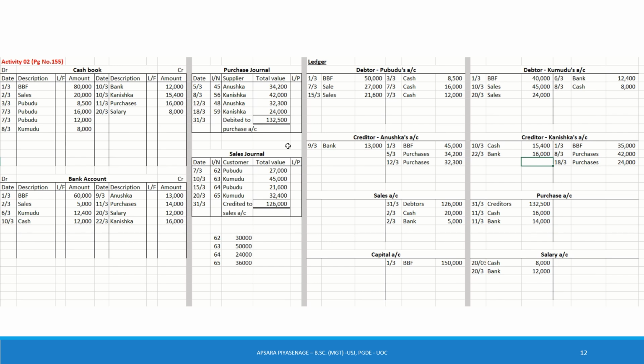Now we have recorded all the transactions and all the information. So we have to get the total of cash book, bank account and other ledger accounts, and we have to get the balance. Those balances should be extracted to the trial balance. First, we will balance the cash book.